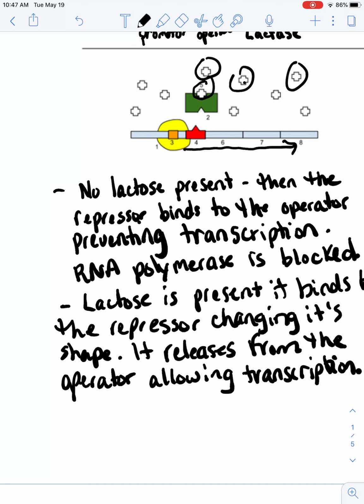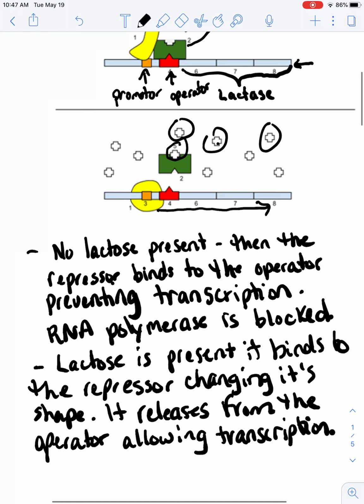Okay, and then ultimately what we have to realize is if these three genes are allowed to undergo transcription and translation, they will produce an enzyme. That enzyme is going to be now in the cell, and it's going to come around and break down all this lactose.